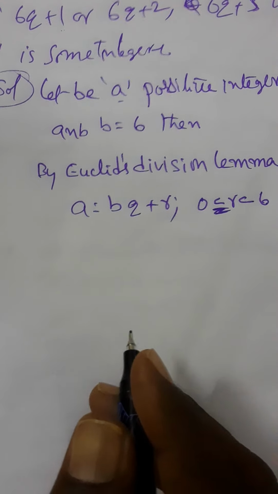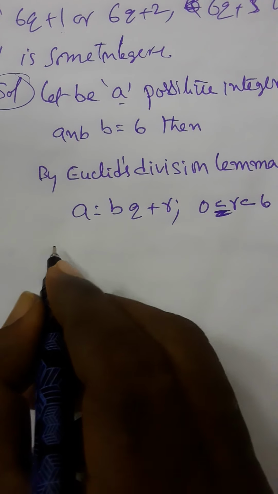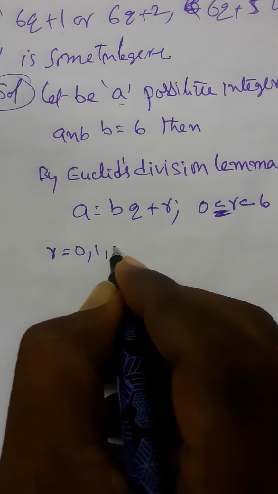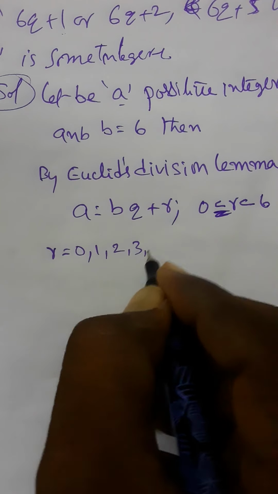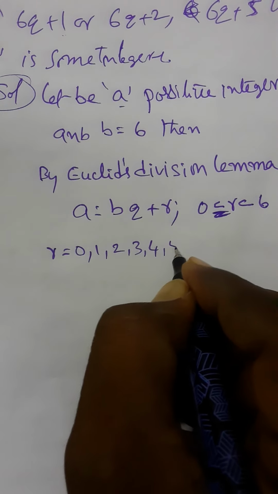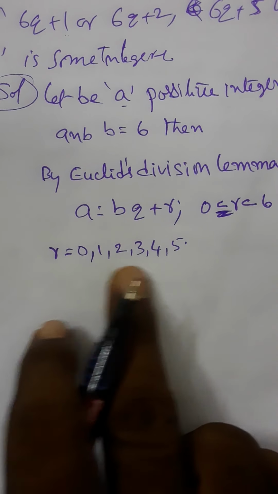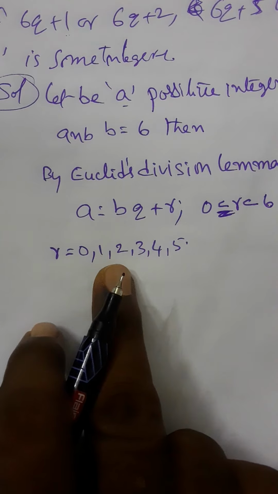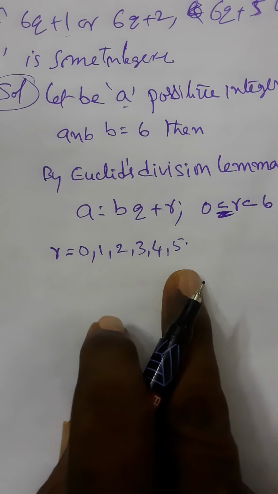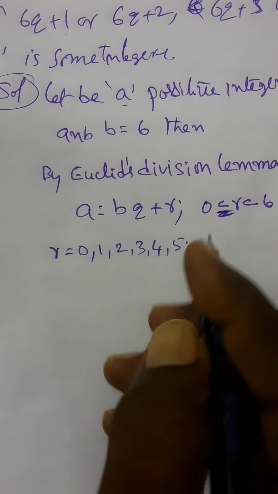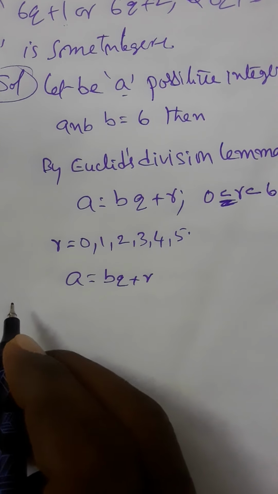So the remainder r equals 0, 1, 2, 3, 4 and 5. These are the possible remainders when we divide positive integers by 6.